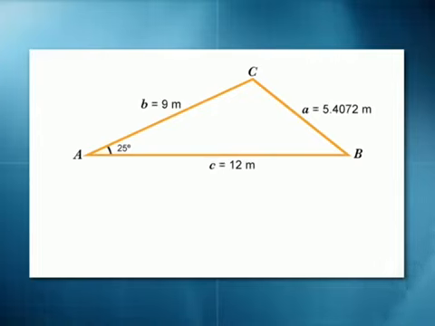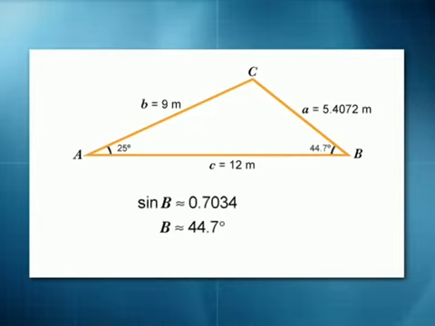Good. So we can take the angle for B, and it turns out to be, in this situation, about 44.7 degrees. I obtained that by taking the inverse sine of 0.7034, and that yielded 44.7, and I didn't have to worry about the other solution to that equation, which turns out to be, by the way, 135.3 degrees, but that can't happen in this triangle.